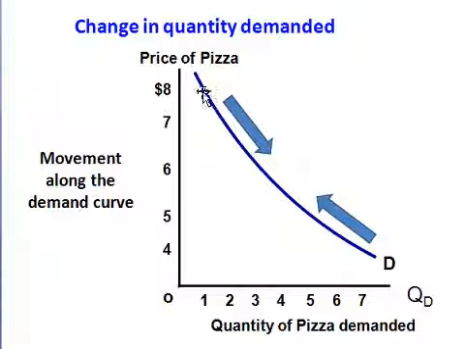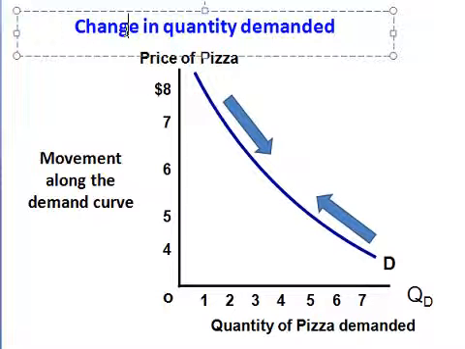That means it is going down or going up, but the demand curve is not shifting or changing. Whatever is happening, it is happening on the demand curve for pizza. When this happens, we call it change in quantity demanded.